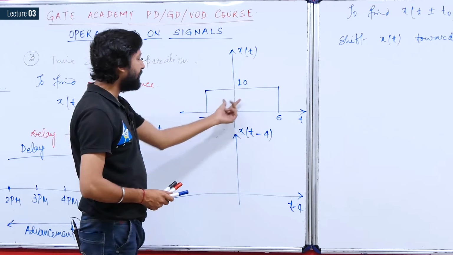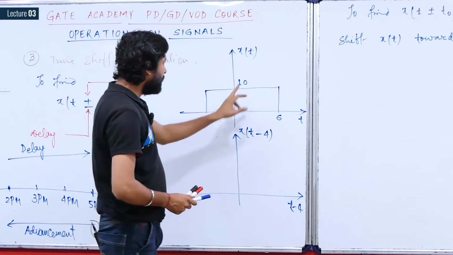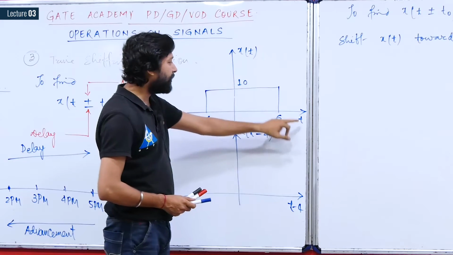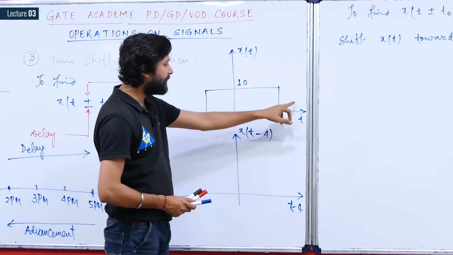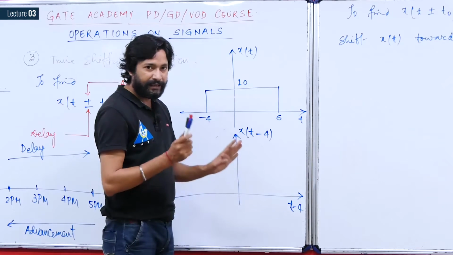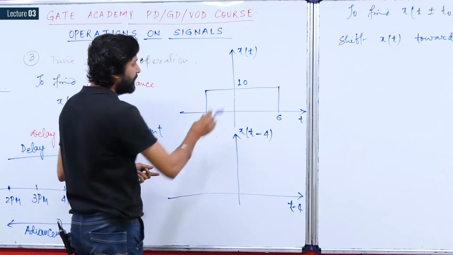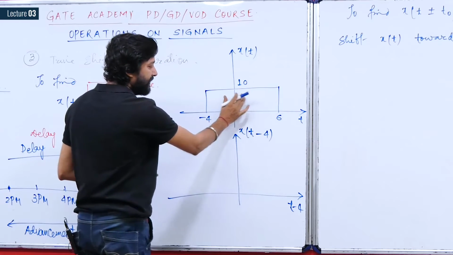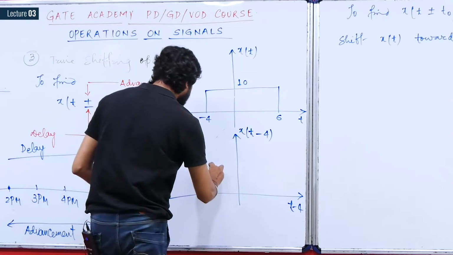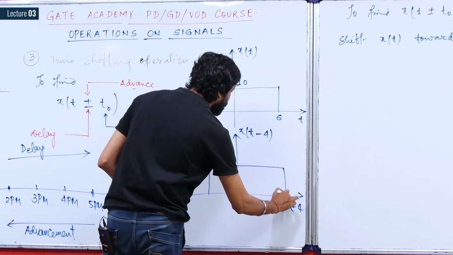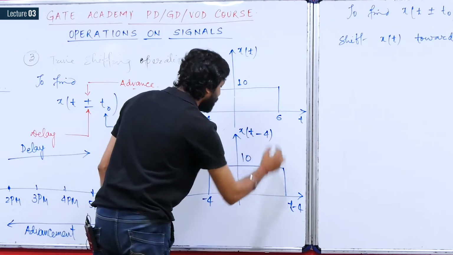If x of t is a signal existing from minus 4 to 6 having amplitude 10, and you replace both of these t's by t minus 4, this axis becomes x of t minus 4 and this axis becomes t minus 4. Then there will not be any effect on the plot. That is, if the plot of x of t with respect to t is this, then the plot of x of t minus 4 with respect to t minus 4 will again be the same without any change in that function. It will again have value 10 from minus 4 to 6.